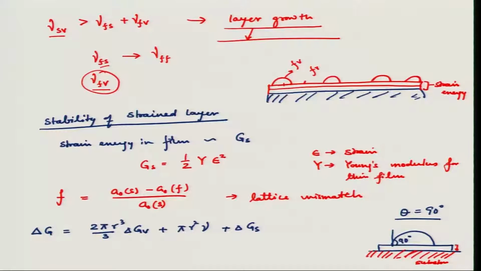This is my layered growth because this is Stranski-Krastanov growth, and this is the island. So, the interface is only between this and this volume. This is my gamma FV. So, this is my total energy change, and we can now discuss the change in strain energy delta GS.